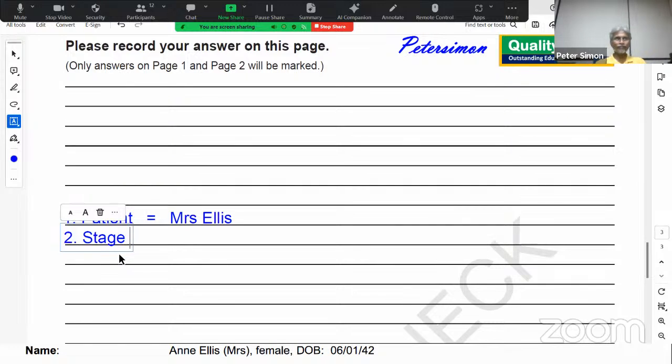You can say different stages: signs and symptoms stage, diagnosis stage, visiting stage, admitted stage, then underwent surgery, recovering stage.